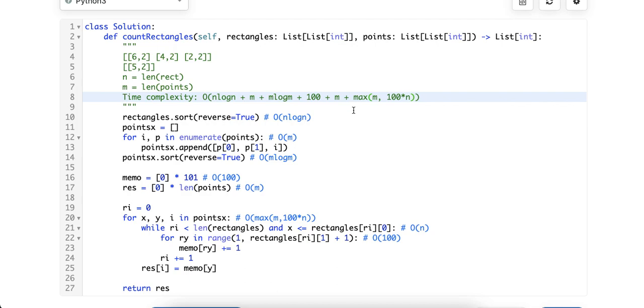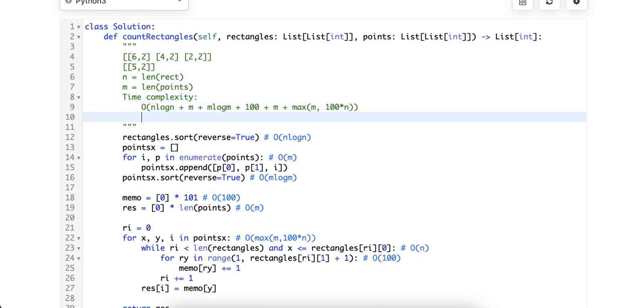So in this case, the worst case, if the number is quite big, because that's what big O means, will be the maximum between n log n and m log m. Because 100 is like a constant, right? And this one is just m and n. So the sorting is actually the expensive part.